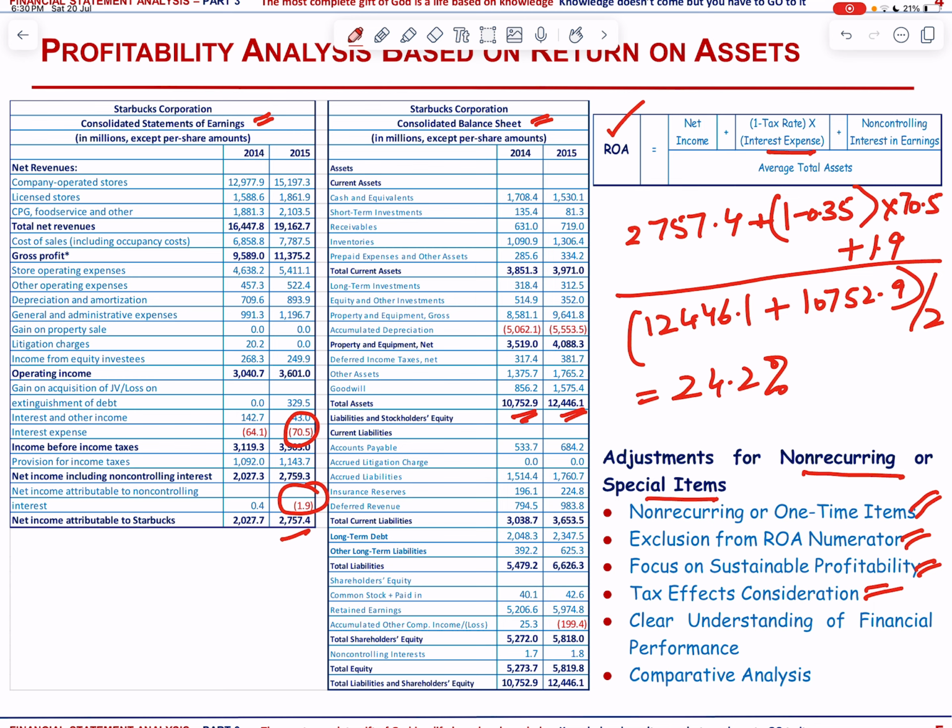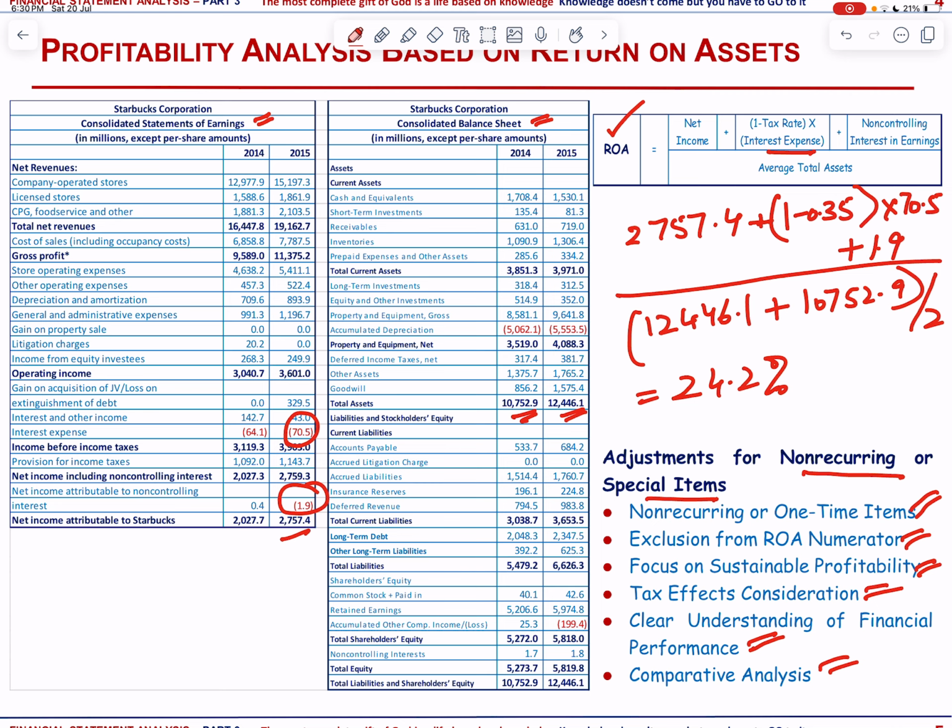Scrutinizing and adjusting the non-recurring items helps in understanding the company's consistent financial performance and trends. It enables meaningful comparisons of the company's return on assets with its peers and historical performance.